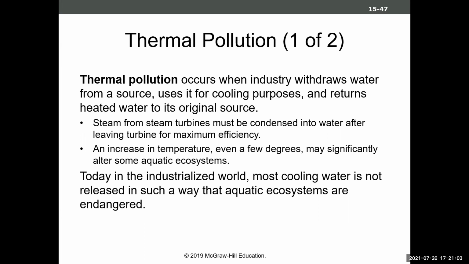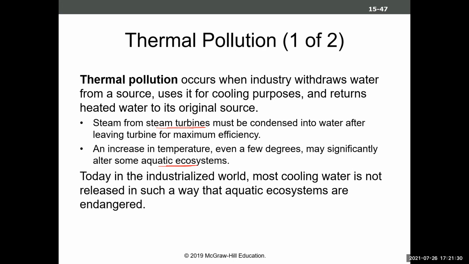Another form of pollution is thermal pollution. So this is where you have an industry that's using water from a source for cooling purposes and then returns that hot water back to its original source. So for example, steam from steam turbines has to be condensed into water after leaving the turbine. So that increase in temperature could affect aquatic ecosystems.